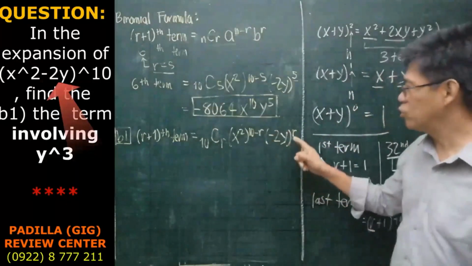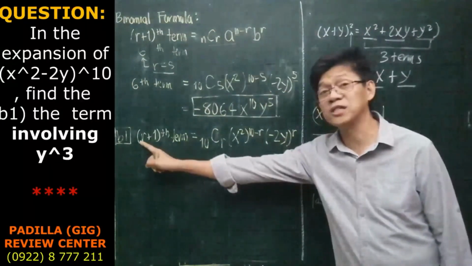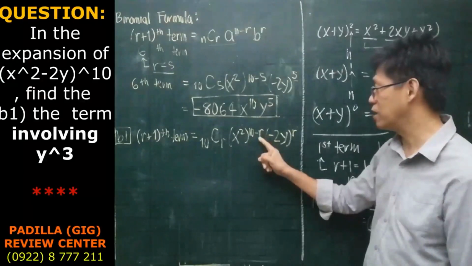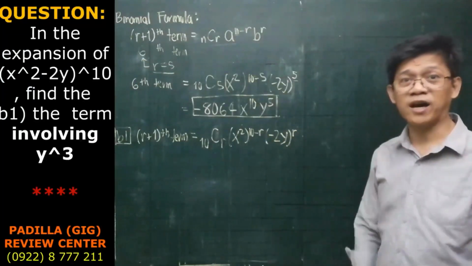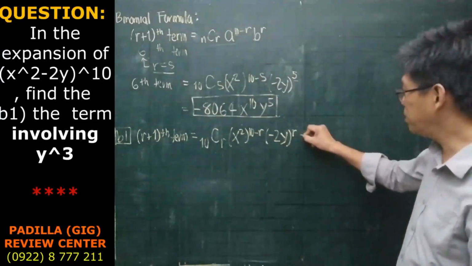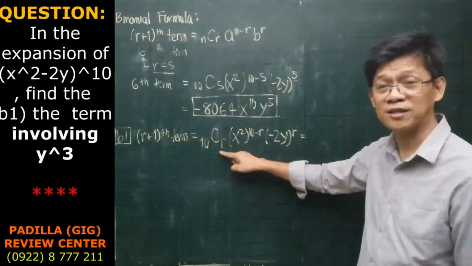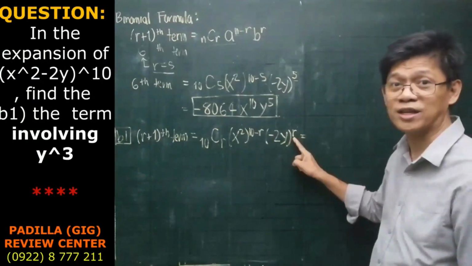If we're going to substitute the value of r here, if this is known, we substitute here, here, and here, and we simplify. We will be getting here, 10Cr is a constant, minus 2 to the r is also a constant.